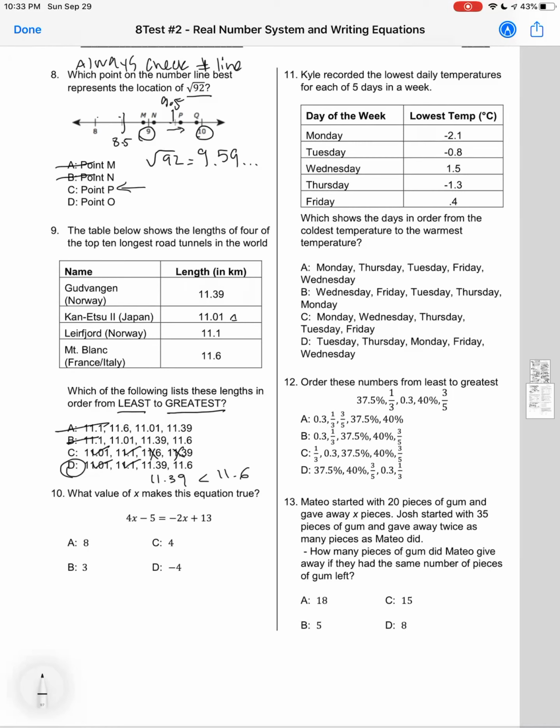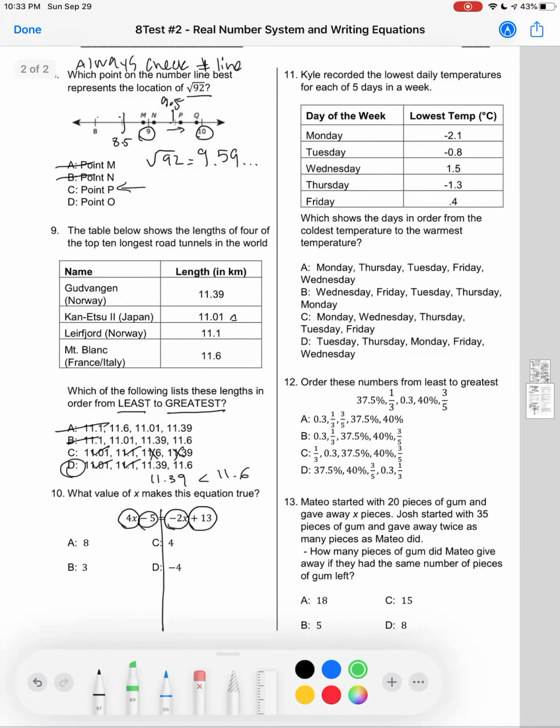So what value makes x true? Go ahead and solve. So we have our terms. Our constants are in yellow, and our variables are in green.